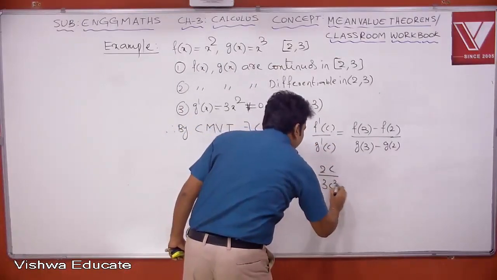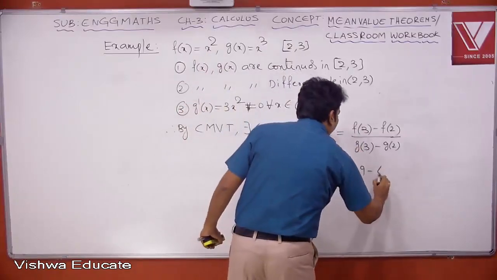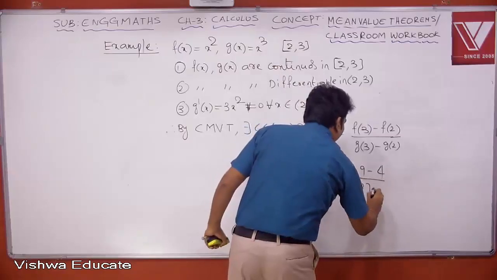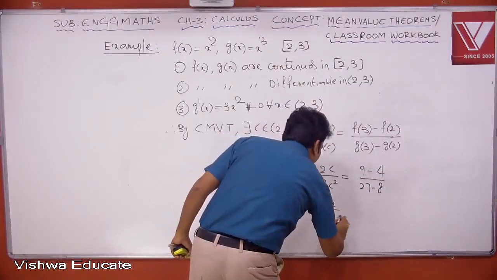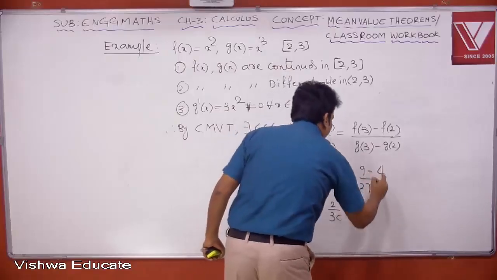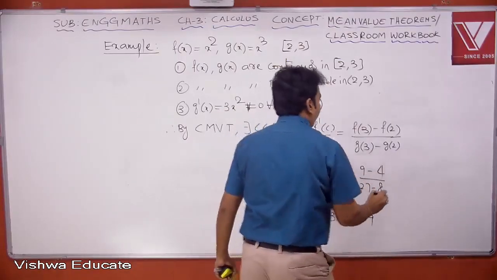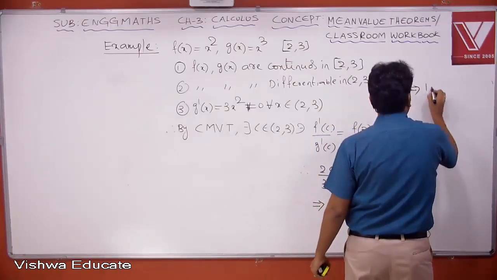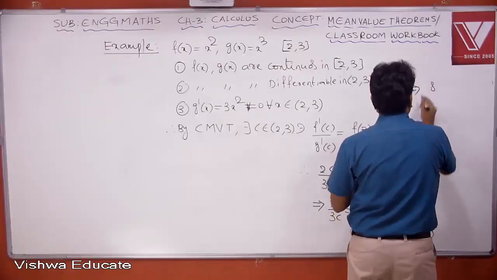G dash of C is 3c square. F of 3 is 9, f of 2 is 4, divided by g of 3, 27, minus 8. So 2 by 3c equals 5 by 19. Therefore this implies 18 equals 2 times 19, which is 38.